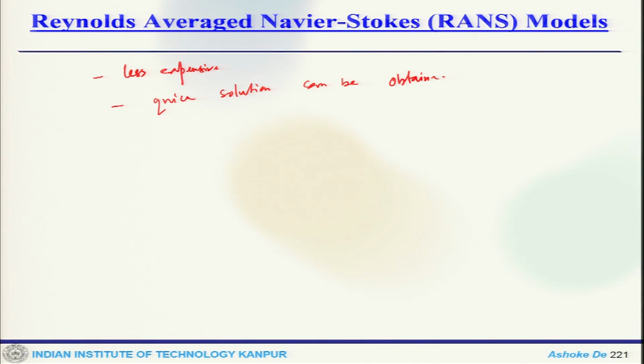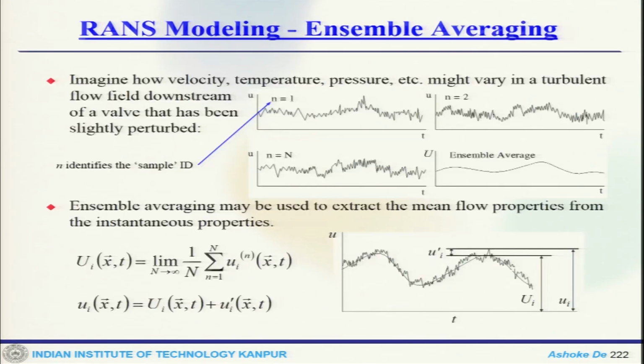But this approach gives less understanding of turbulence because of averaging. The averaging process has some problems because it creates terms that cannot be solved analytically, but it is quite widely used for design purposes.